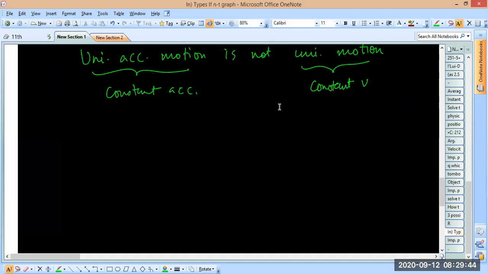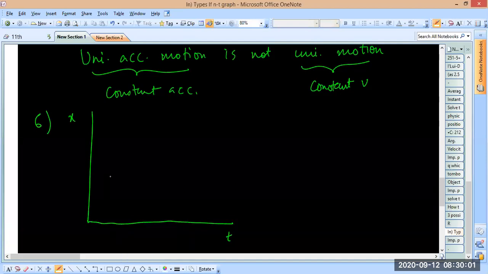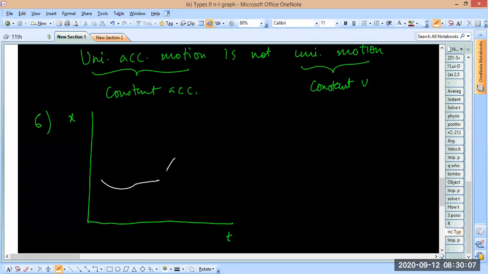Now let's go to the last case, and typically the useless case. So that's right, Falak. This last case is random in the sense that it is not fixed. Maybe like this, then maybe like this, and then suddenly changes to this.